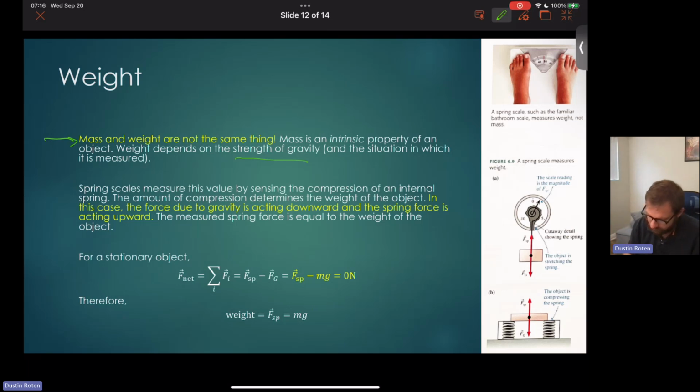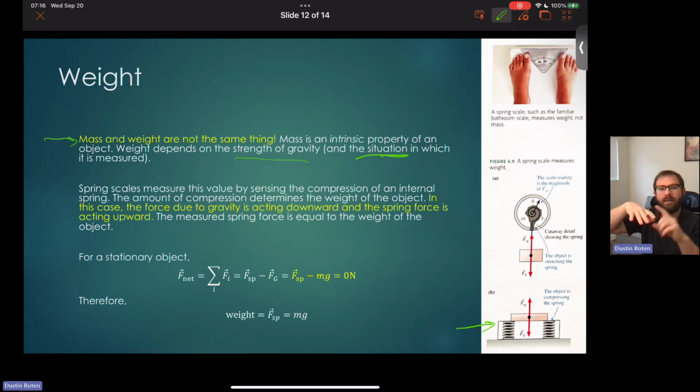So there could be some situational things that will actually cause your weight to increase or decrease. You can think about measuring weight as like a spring scale. Anytime you step on a scale, as you can see in this bottom picture, your weight, or your force due to gravity, is pushing down, and then a spring in the scale is pushing back up.